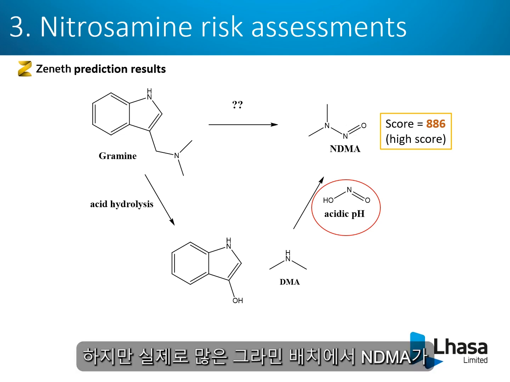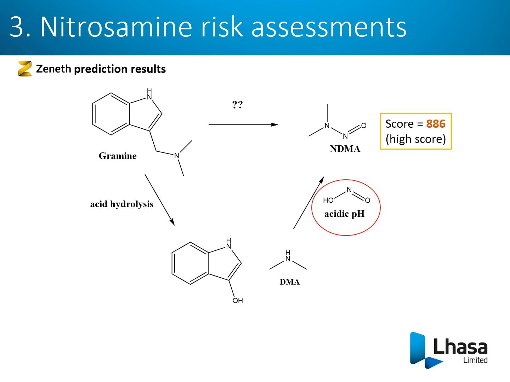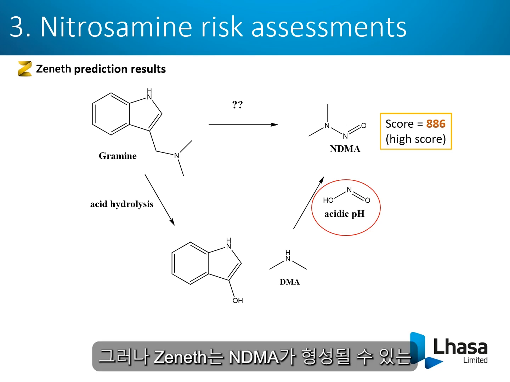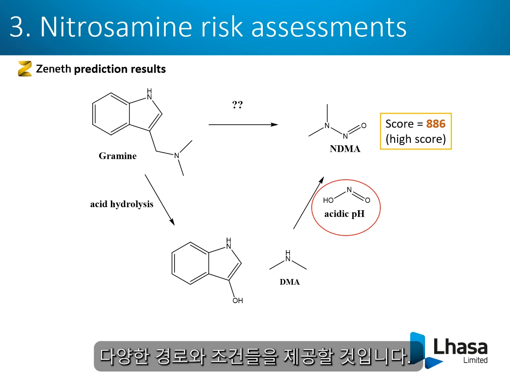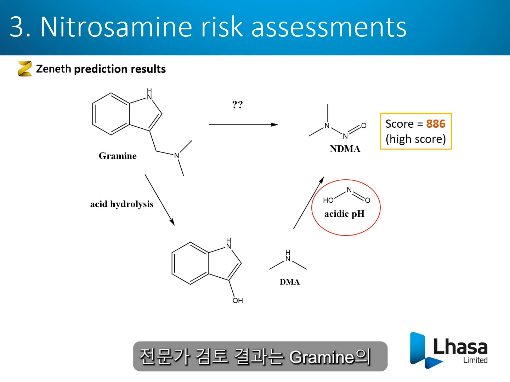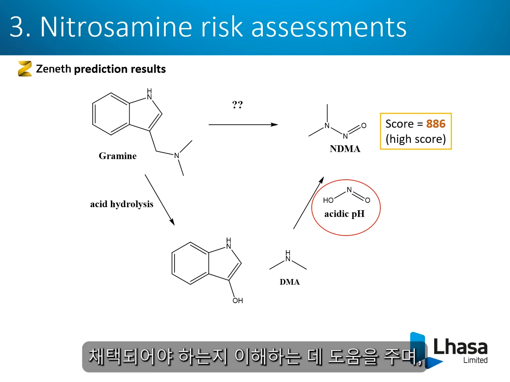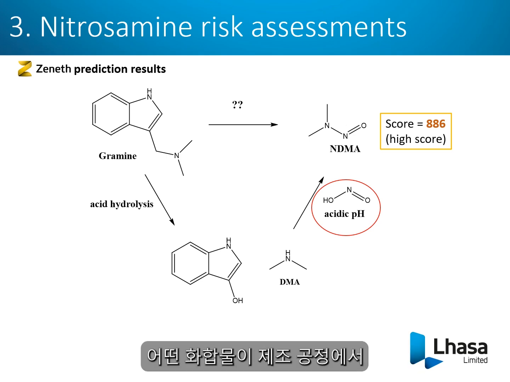What Zeneth will provide, though, is all of the different routes and conditions by which NDMA can form. This, along with expert review of the results, can then help form part of a risk assessment for Gramine by helping to understand what mitigation strategies should be employed, as well as help direct which materials should be considered for formulation.